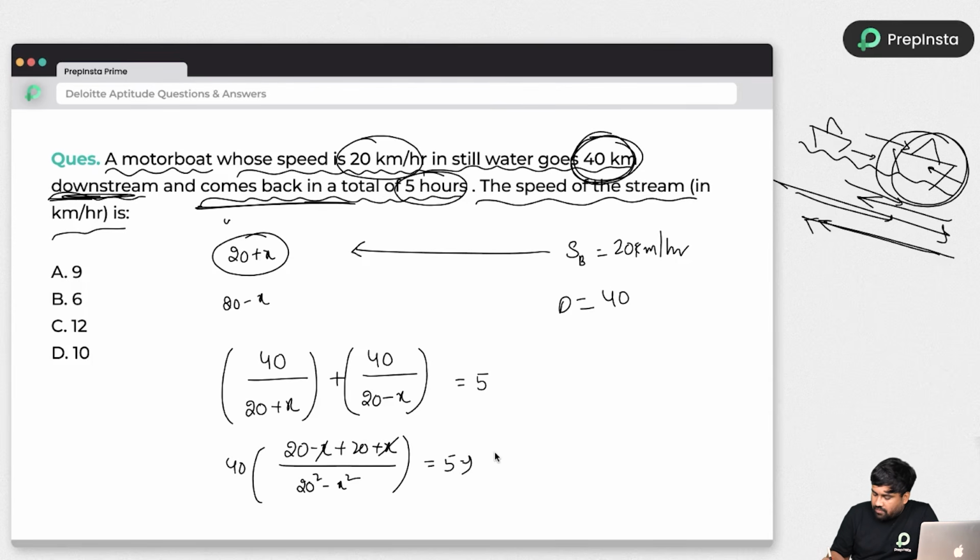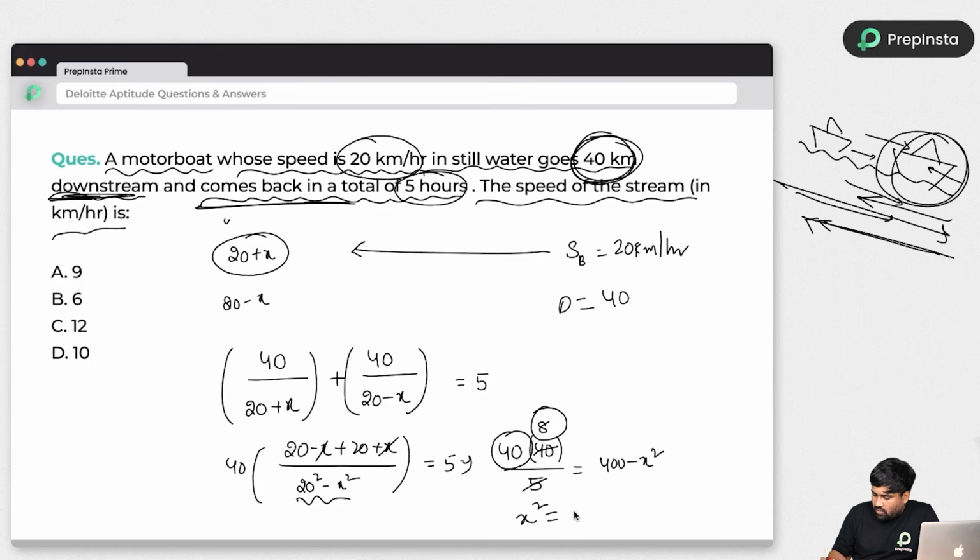That implies, let's send this to the other side. 40 into 40 divided by 5 is equal to 400 minus x square. So 5 will cancel, 8 times 40, and this is 320, right?